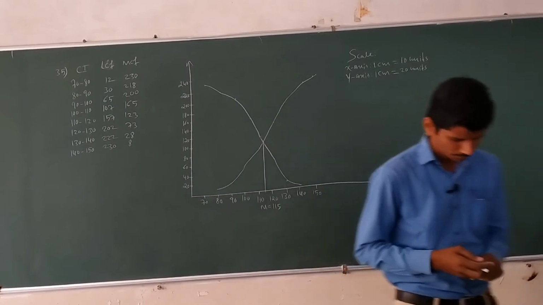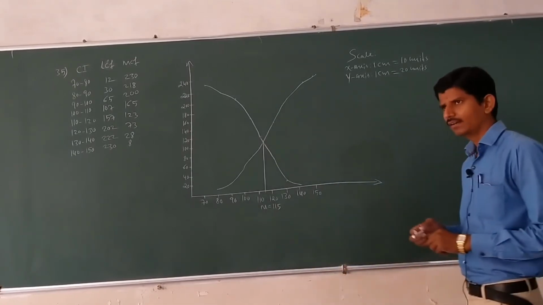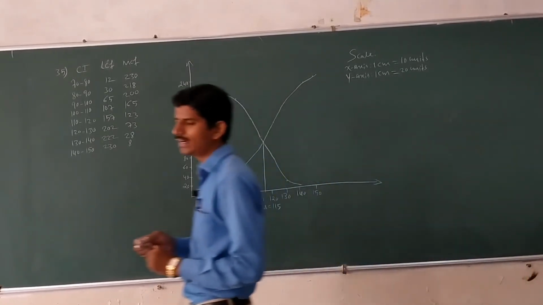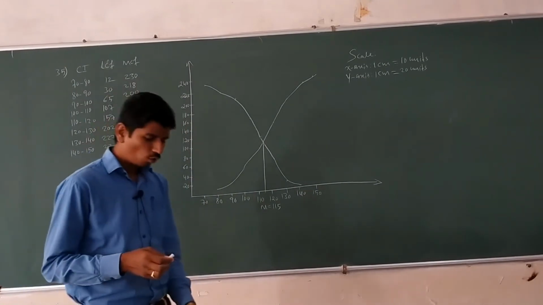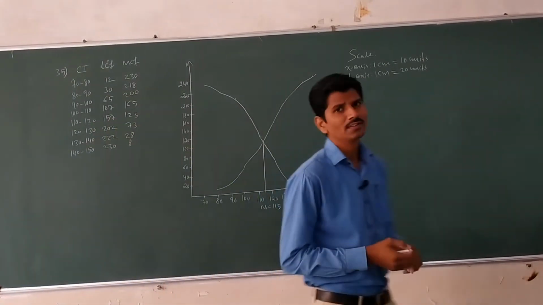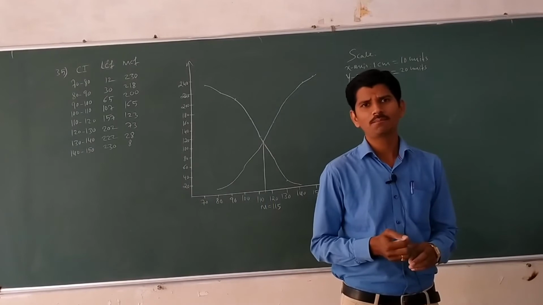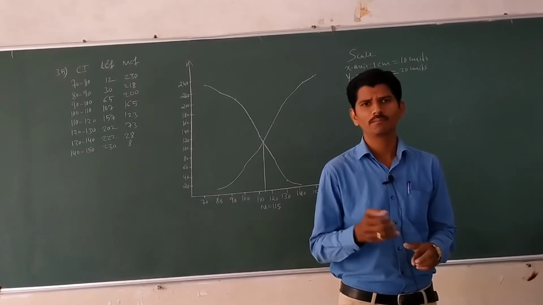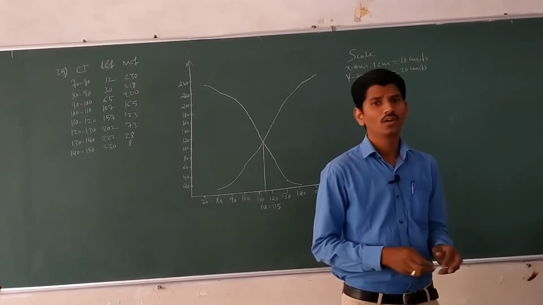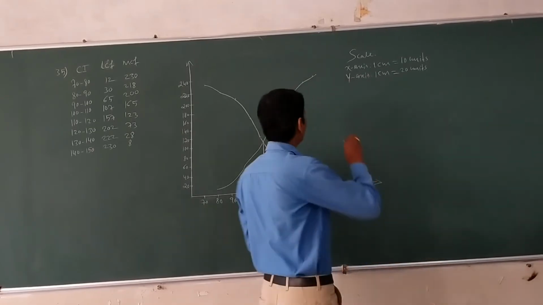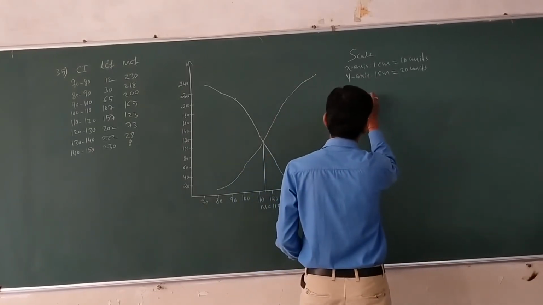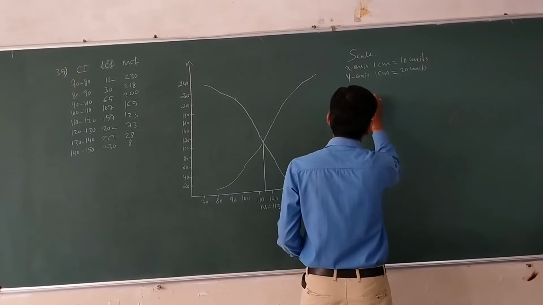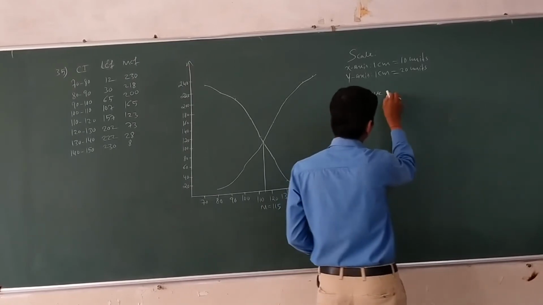Okay, suppose we have to find the third quartile. Here is how to calculate quartiles. There are three quartiles in total: first, second, and third quartile. Lower quartile, median, and upper quartile. Then you have to locate the Q3 value.